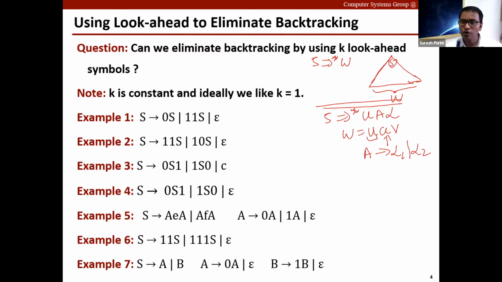What is the current lookahead symbol? That is the terminal symbol a. We want to use the current lookahead symbol to decide whether we should be using the substitution rule A goes to alpha 1 or A goes to alpha 2. That is the idea. Let's try to understand how we can eliminate backtracking by using lookahead symbols through a series of examples.